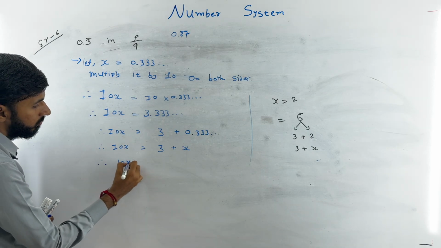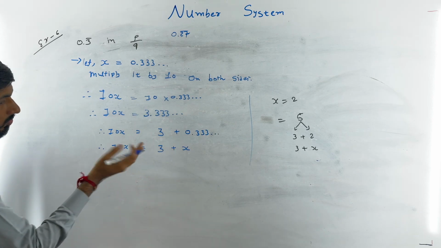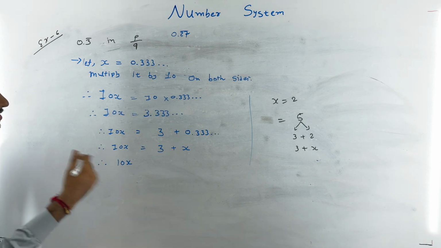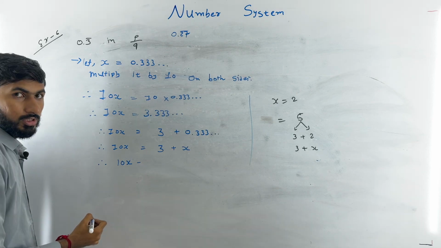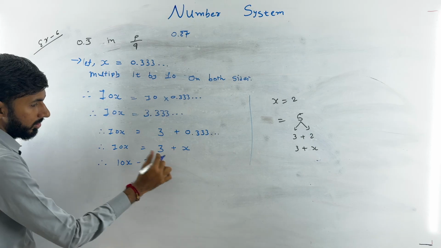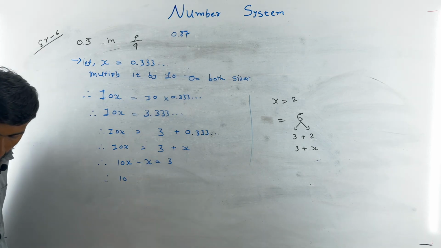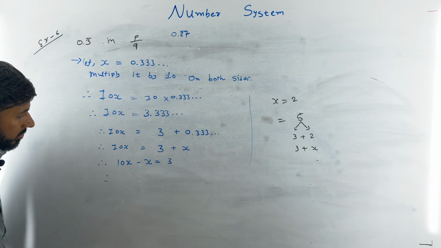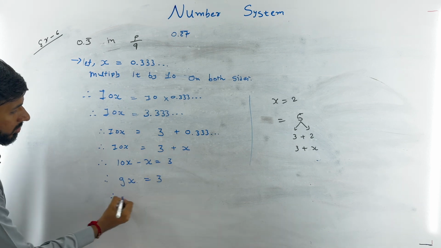Now if I do further steps, let us put all the x on one side and the remaining part on the other side. So if I take this x on this side of the equal to sign, I have to put a minus sign, and here I will get 3. So 10x minus x becomes 9x, right, equal to 3.